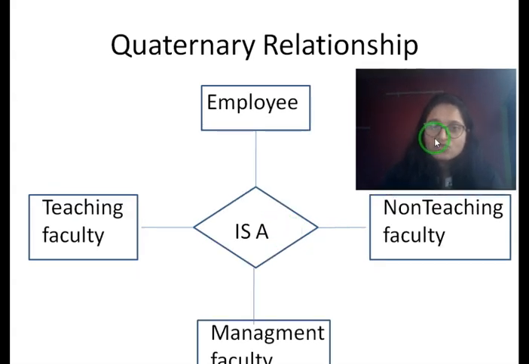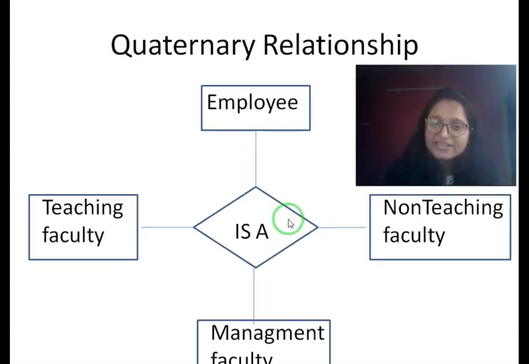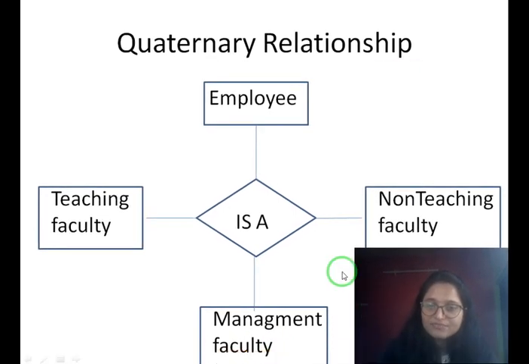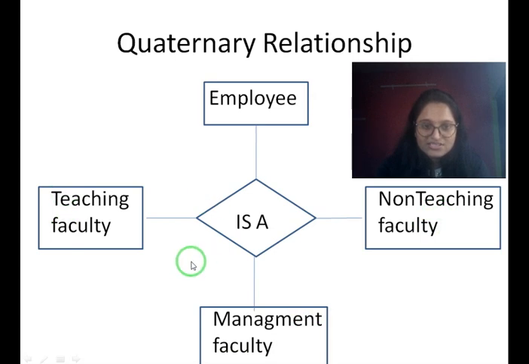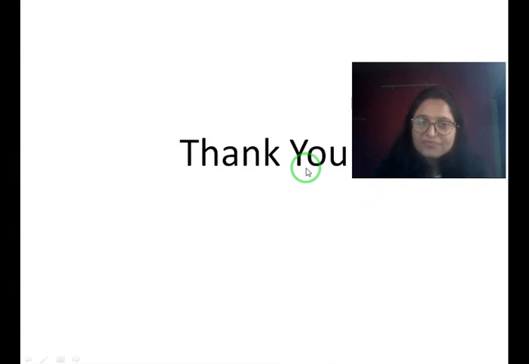We are moving toward the last topic, quaternary relationship. So dear student, this is a quaternary relationship example. Employee, it may be teaching staff, faculty, non-teaching faculty, or management faculty. So this is a relation between these four entities. So this is termed as quaternary relationship.